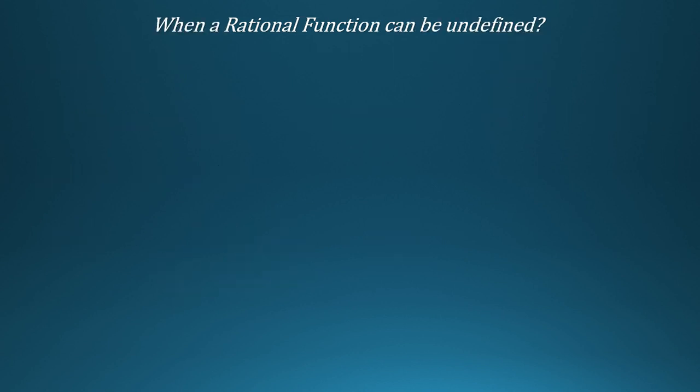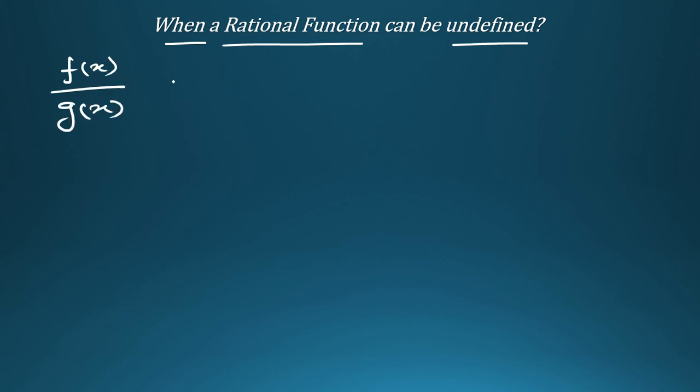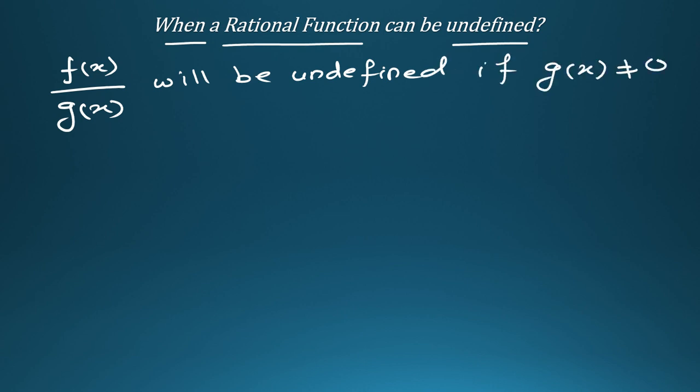Now let's talk about when a rational function can be undefined. Now, my dear students, this is very important condition for so many questions. Like I just now told you, if you have a function of the type f(x) upon g(x), then it will be undefined if g(x) is equal to 0.